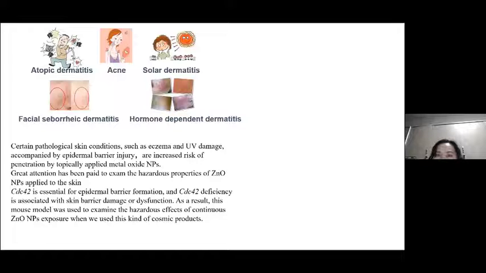As a result, using this mouse model, we try to examine the hazardous effects of continuous zinc oxide nanoparticle exposure.